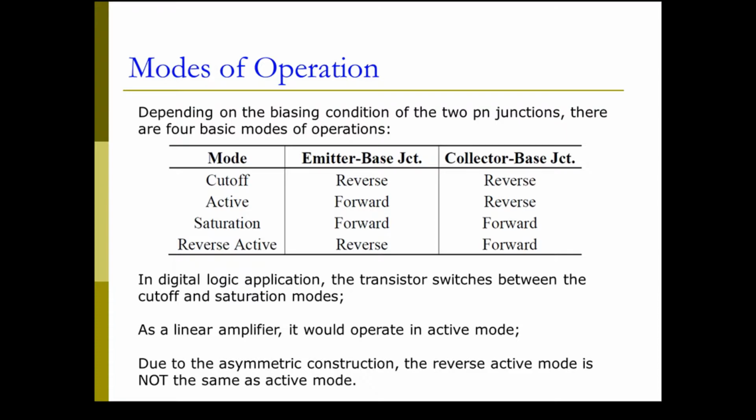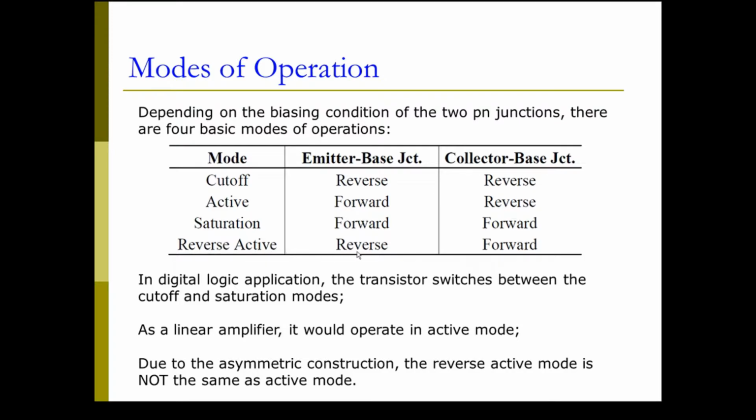The third one is called saturation mode. In the saturation mode, the EBJ is forward biased, and the collector base junction is also forward biased. In that way, we saturate the transistor, and that's why we call it saturation mode.